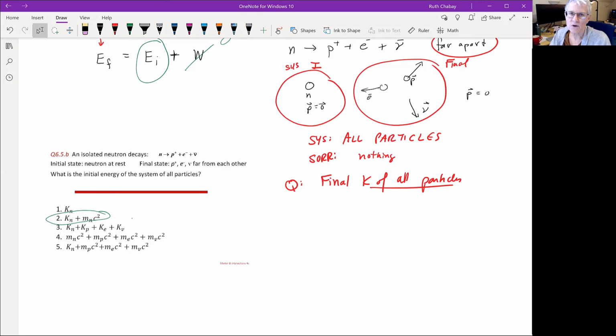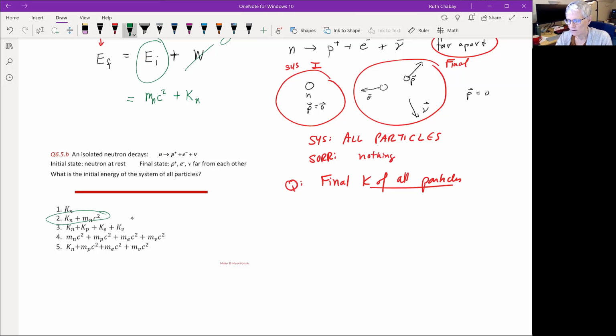And the neutron is a particle, and so it can only have 2 kinds of energy. It can only have its rest energy, so mc squared, and whatever kinetic energy it has initially. Those other particles aren't there yet.